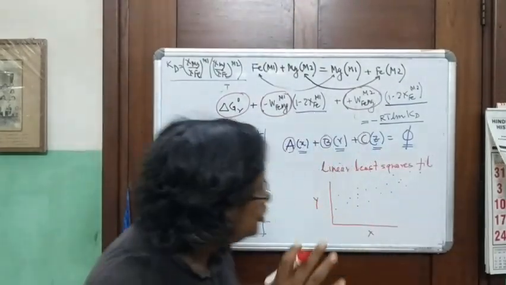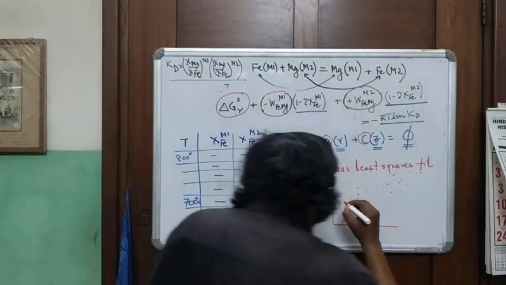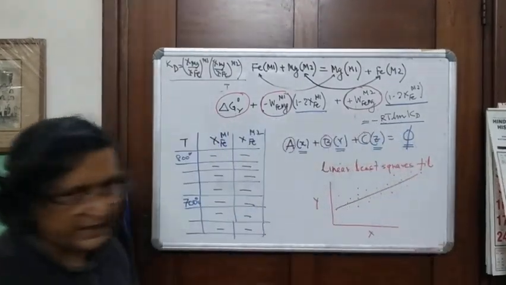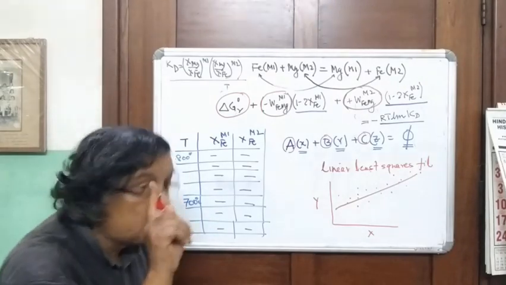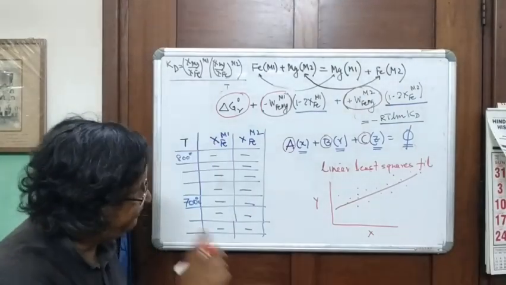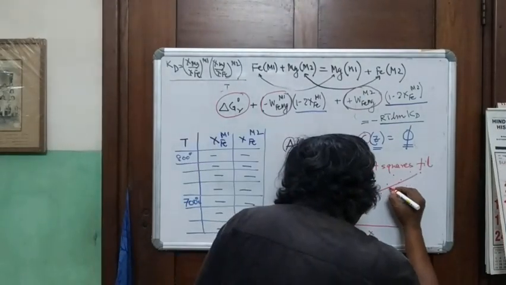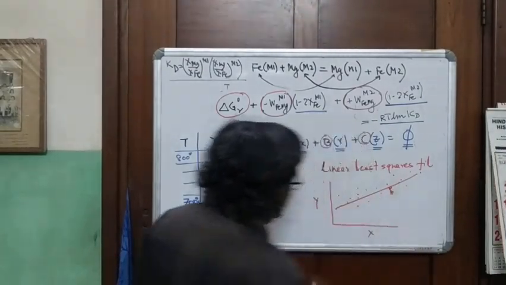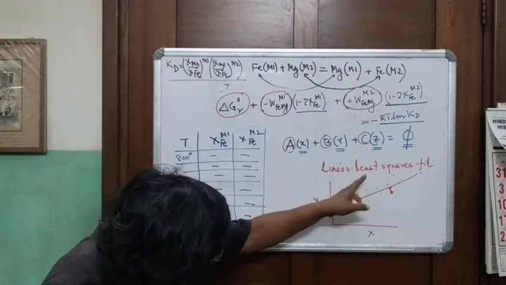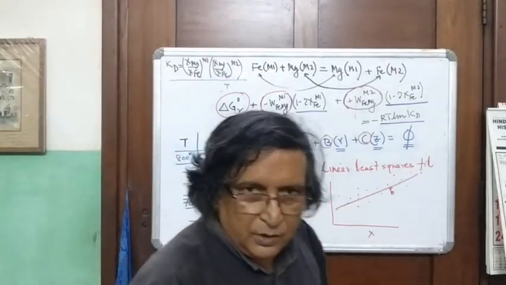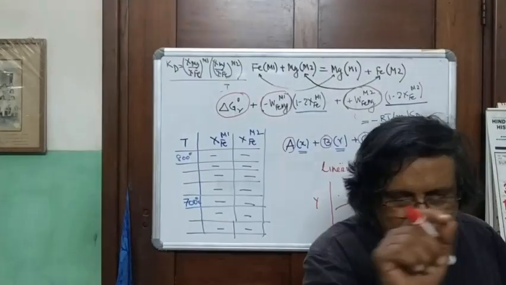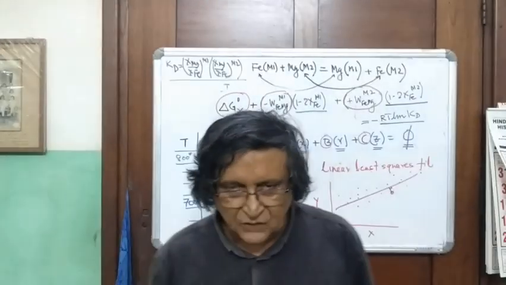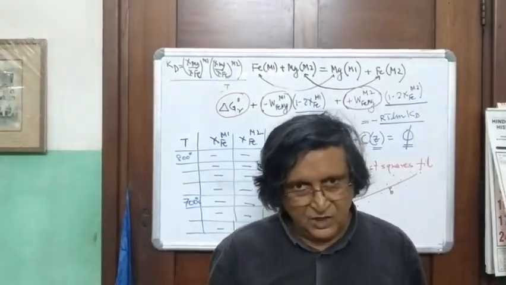So what you draw is a straight line passing through them, so that the perpendicular distances from all points are the minimum.